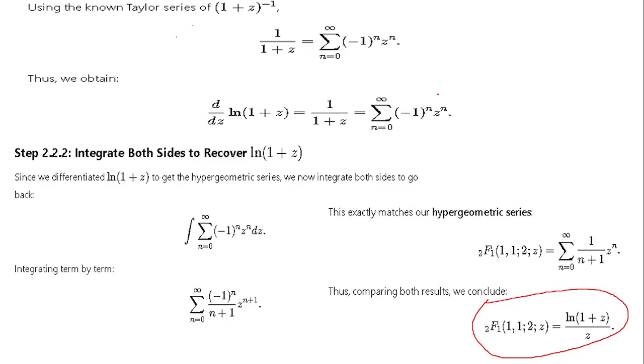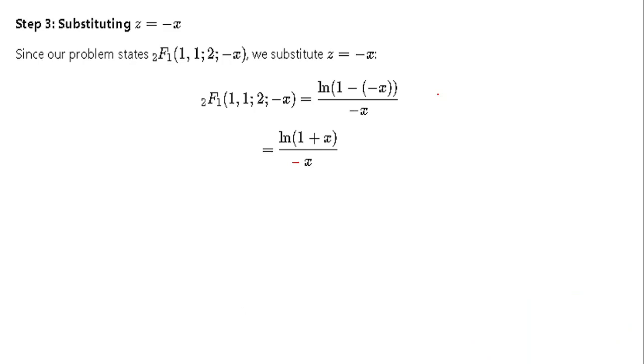But this one is plus, so that is where the challenge is. So it should be 1 minus x over minus x, not minus minus x. So the final answer here should be -2 minus z.